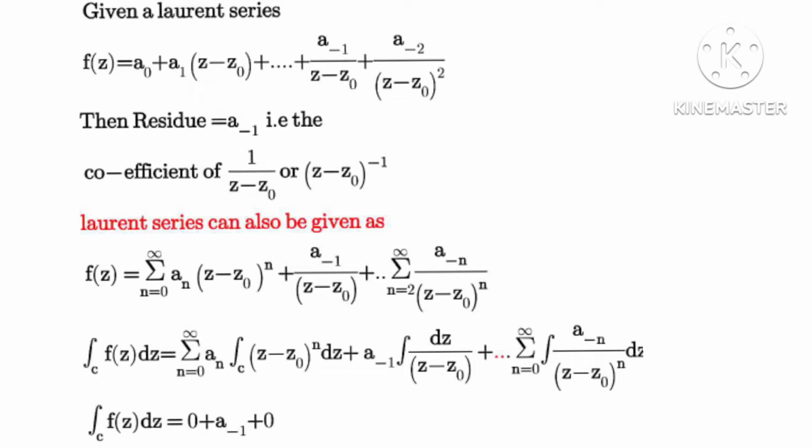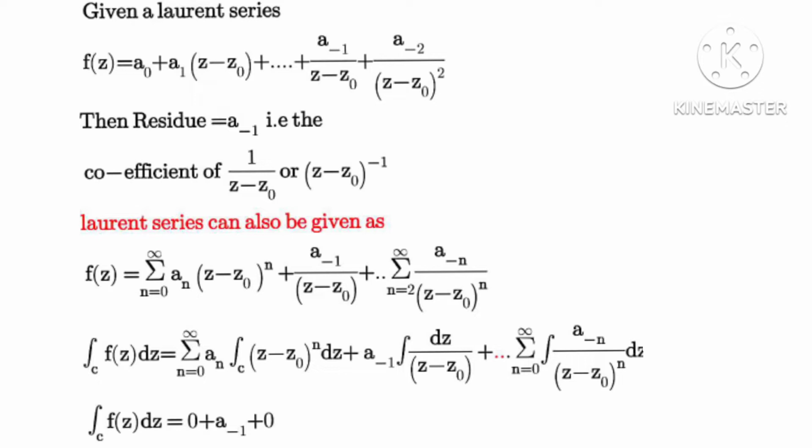Now, the Laurent series can also be written as the sum of z minus z naught raised to power n plus a minus 1 over z minus z naught plus sum of n equals 2. Of course, we have a minus 1. After a minus 1, the next one should be 2.